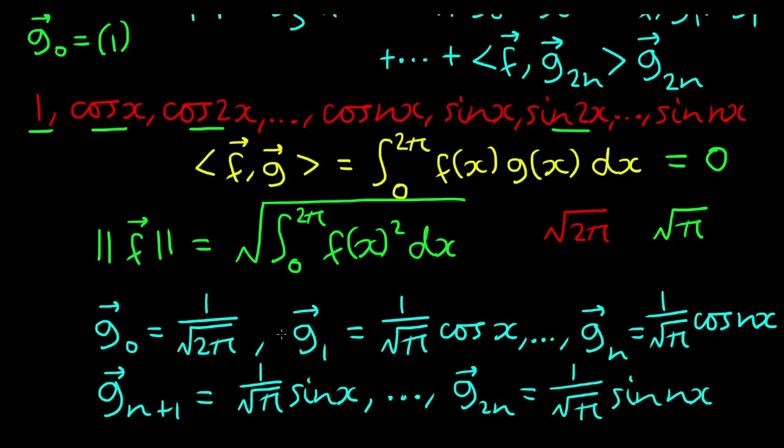So this here is our orthonormal basis for our subspace S of trig polynomials on the interval from 0 to 2 pi.